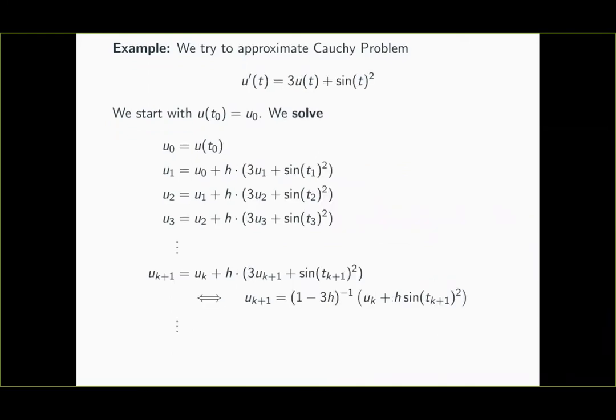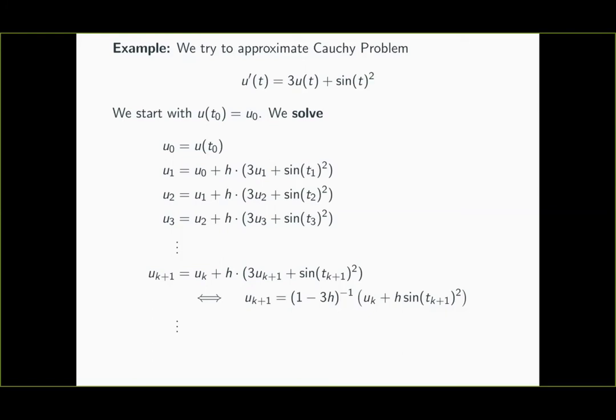Now, to get some more practice, let's take a look at the Cauchy problem u prime of t equals 3 times u of t plus sine of t to the square. Again, we know u0 from the initial condition. And then we solve u1 equals u0 plus h times 3 u1 plus sine of t1 squared for the unknown u1. Then we solve u2 equals u1 plus h times 3 u2 plus sine of t2 squared for the unknown u2.